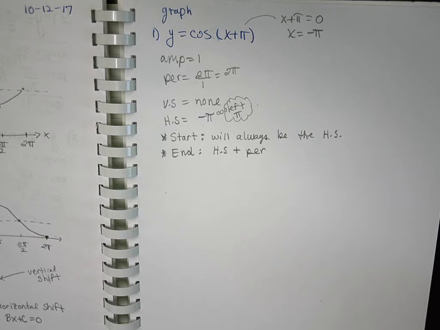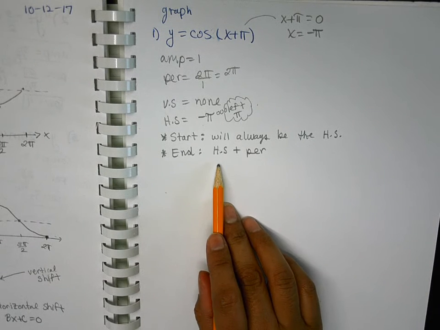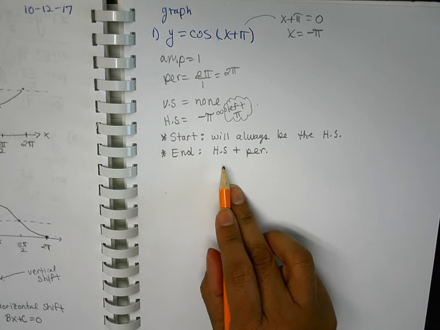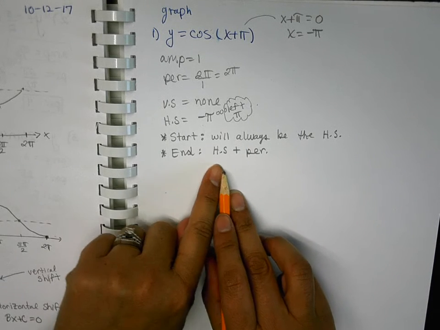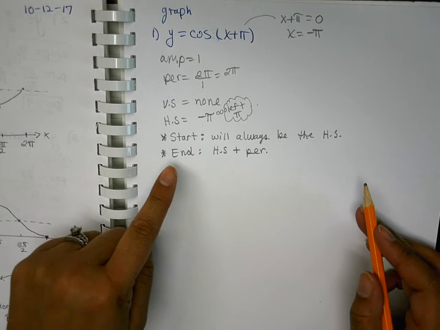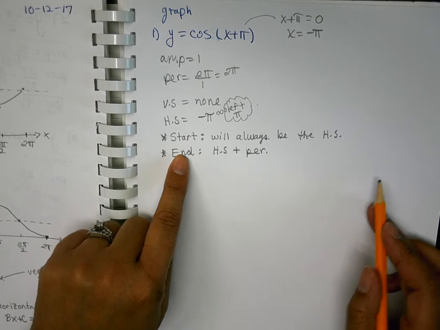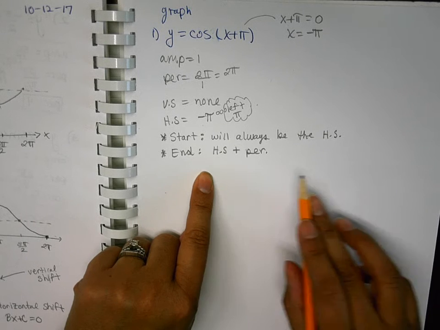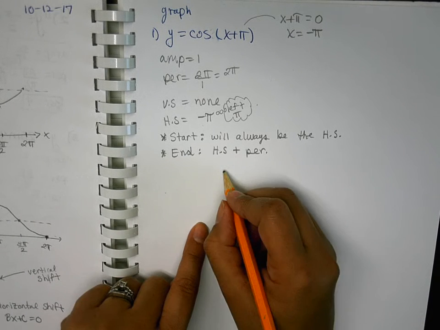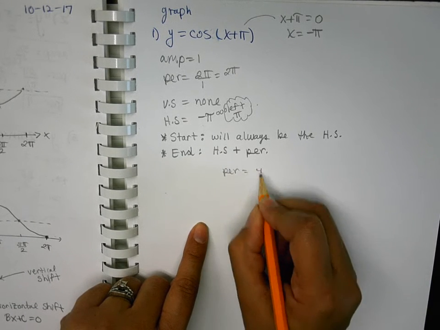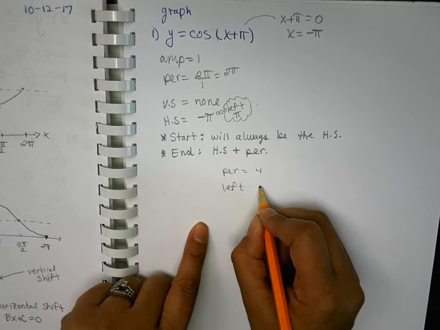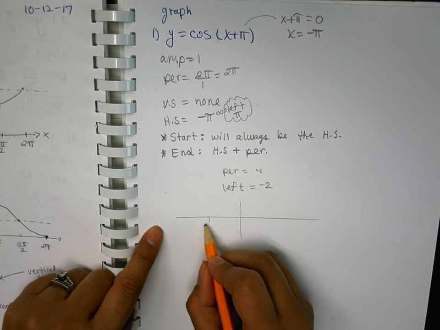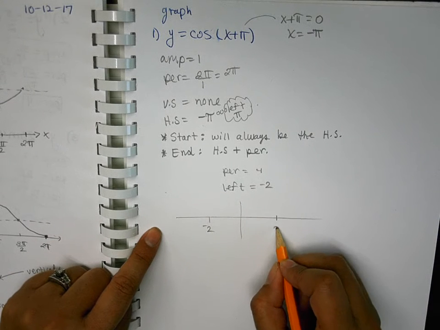Okay, think about it, why is it horizontal shift plus the period? Your horizontal shift is where you're starting, correct? So let's say the period length is 4, and I move left 2. If I move left 2, where will I end? I'm going to repeat that. If the period length was 4 and we moved left 2, can you do that in your head? If I start at -2, where would I end? 2. And why is that?